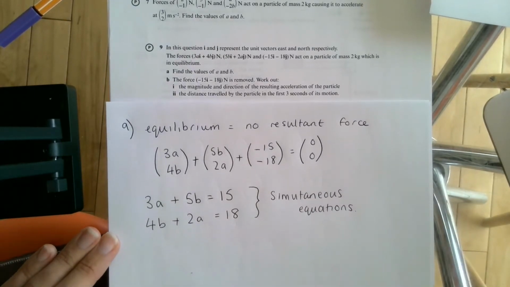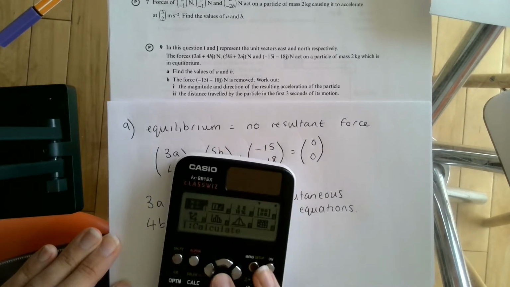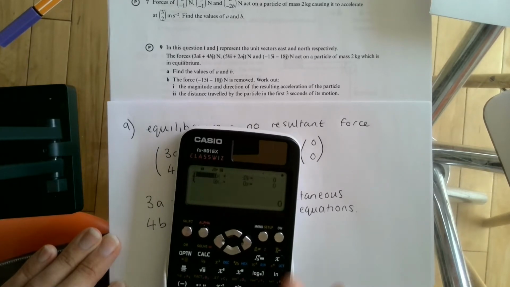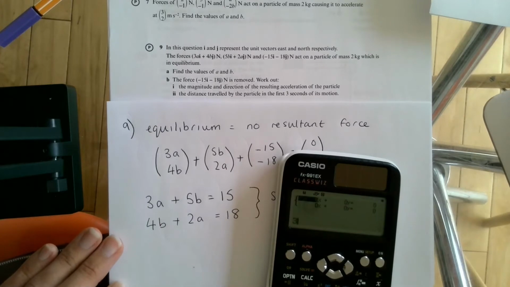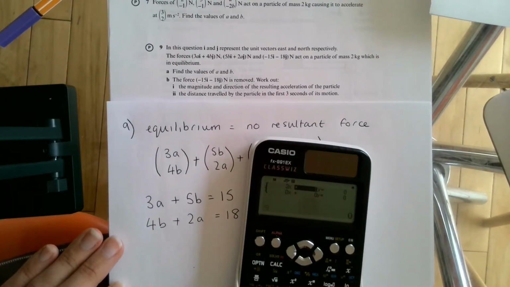I'm going to solve them on my calculator. So if I go to equations, and I've got simultaneous equations with two unknowns. Firstly, I've got 3a plus 5b is equal to 15.